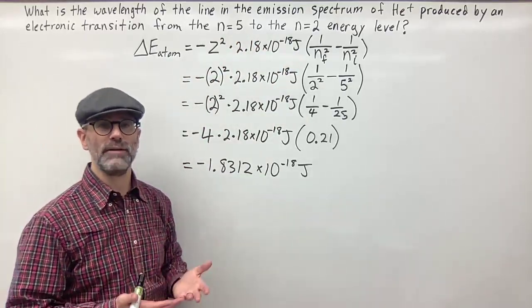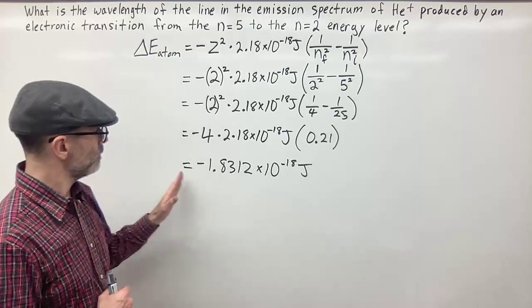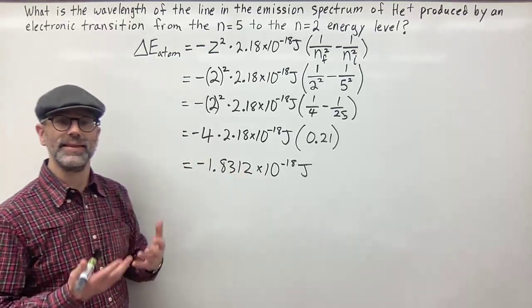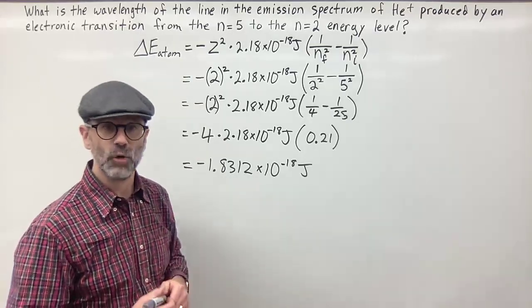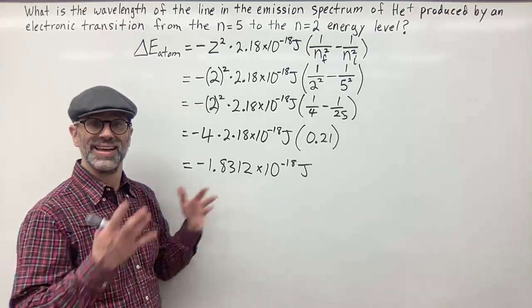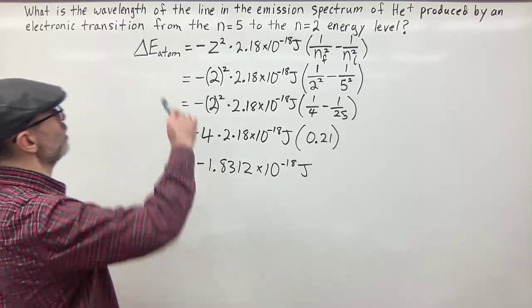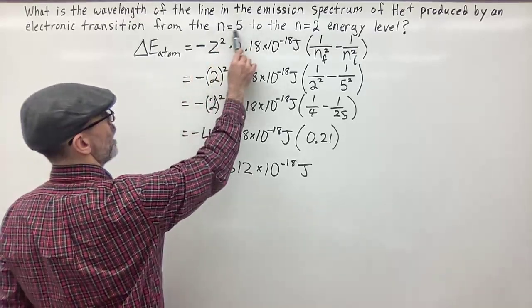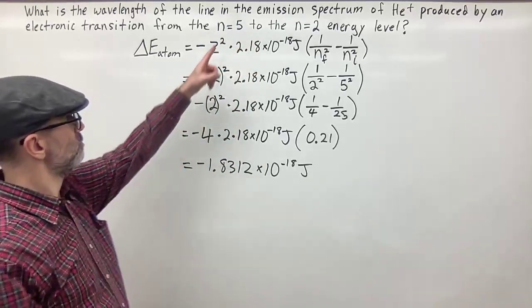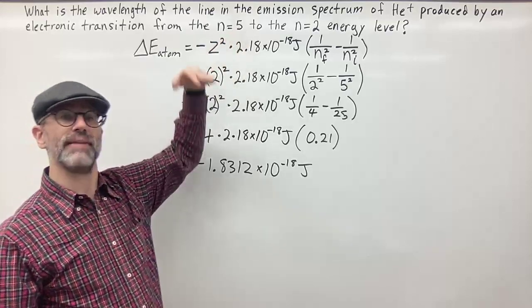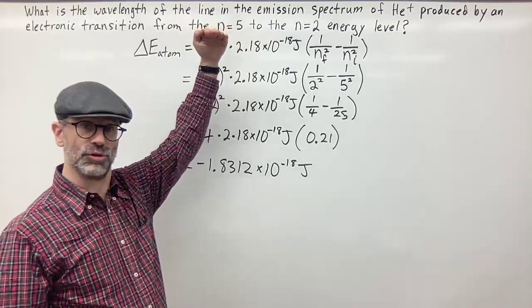Now, what are they asking us? We want to find the wavelength. So now that we have the change in the atom, we have to relate that to the photon that caused this change in the electron. Here we have n equals 5, which is farther from the nucleus.